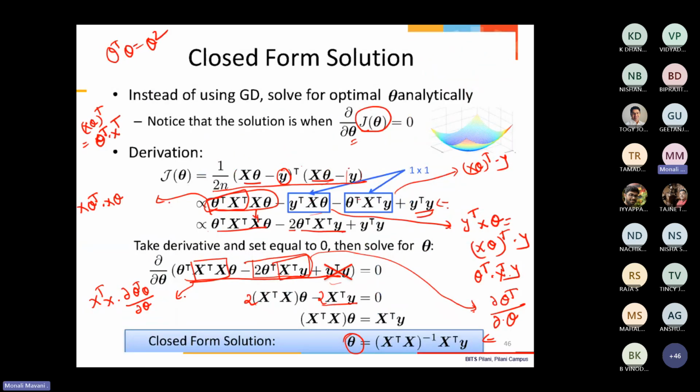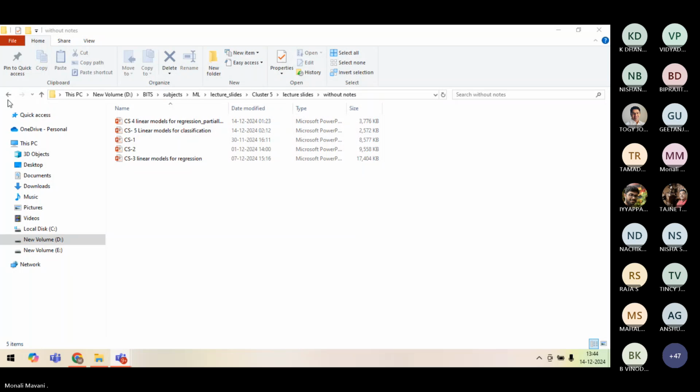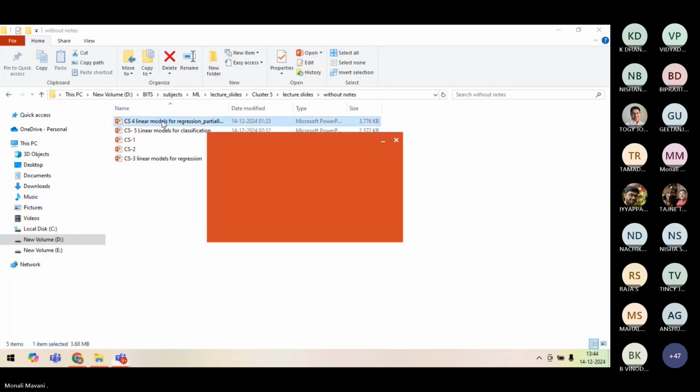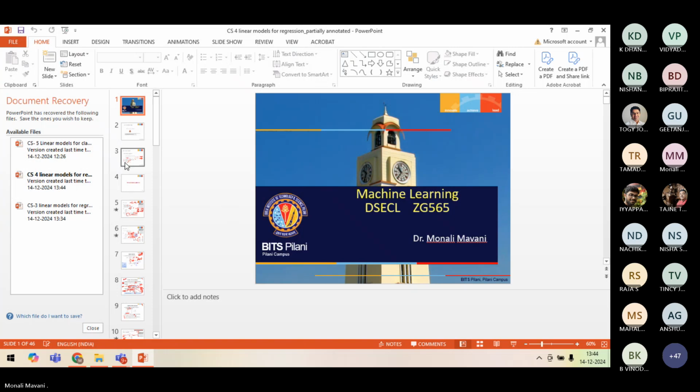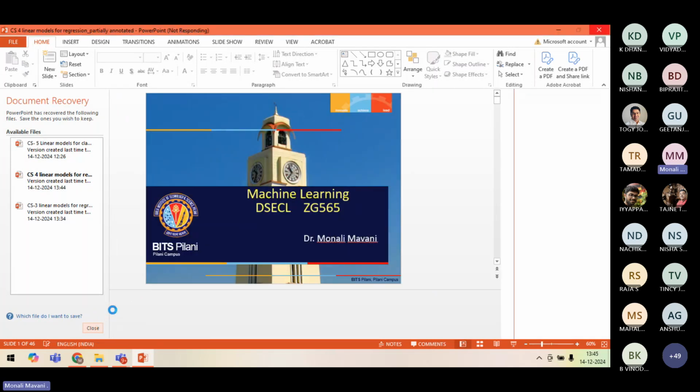The screen was not moving. I think it looks like PowerPoint is creating a problem.